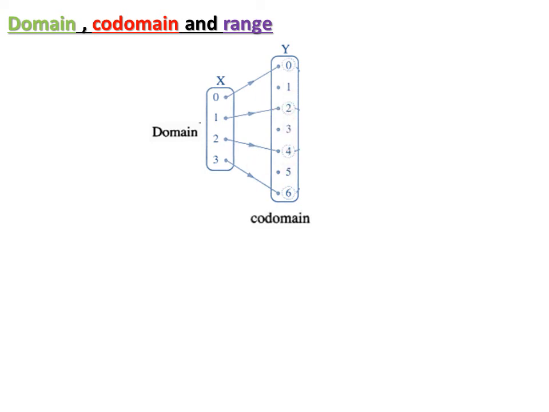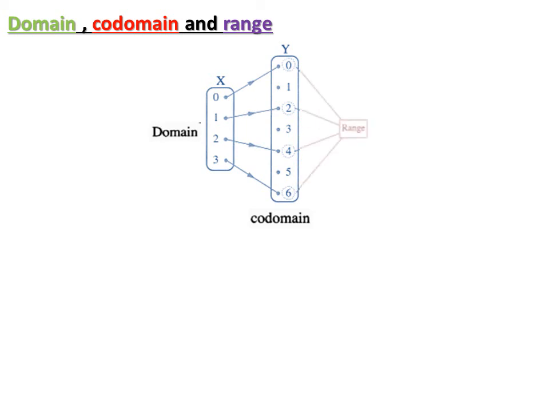But we have the image of each element of x. The image of 0 is 0, the image of 1 is 2, the image of 2 is 4 and the image of 3 is 6. The images of the domain are called the range of the function.